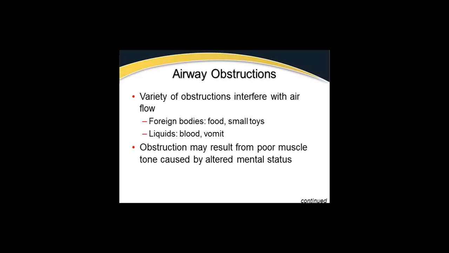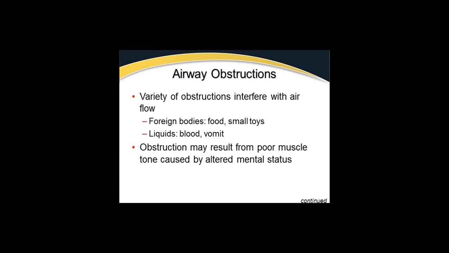So, some airway pathophysiology and what happens here. A number of things can be a major issue for us when we're talking about the pathophysiology. We have obstructions from smaller items, a variety of obstructions.